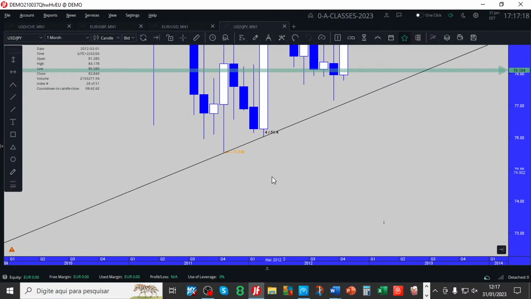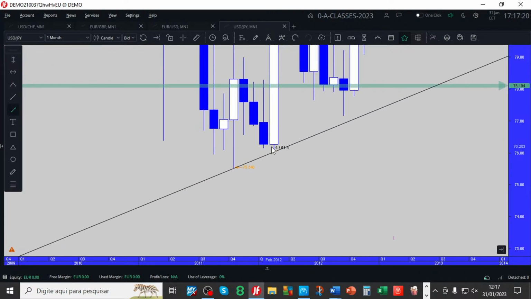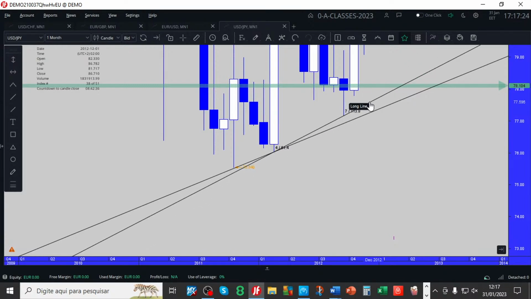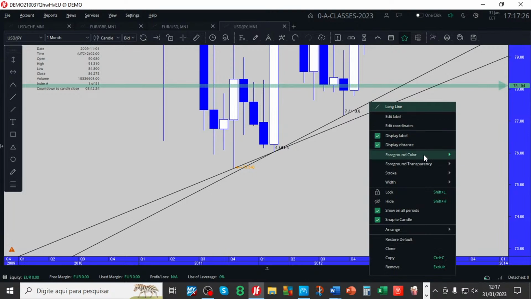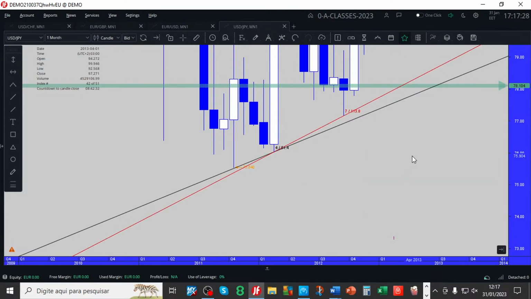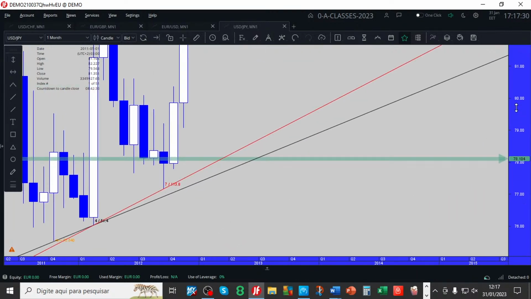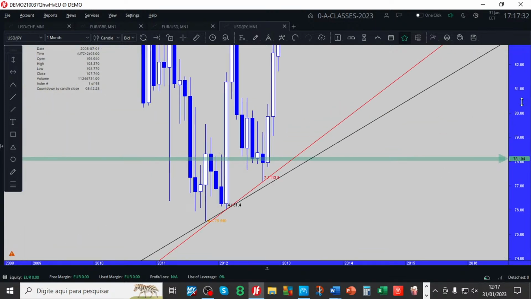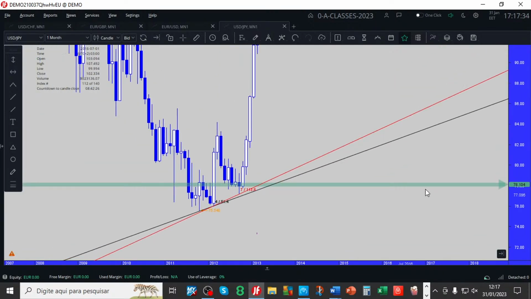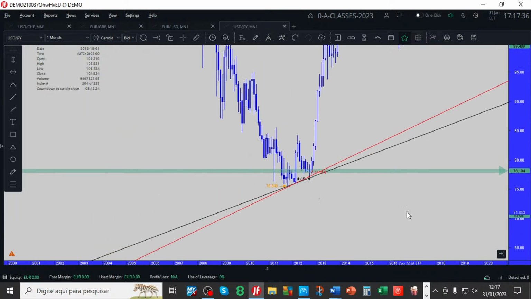I don't want to put the long line because it's going to mess with some of you, because you're going to see the past too, right? Anyways, red line. Now this is the correctly drawn medium term trend line, everybody.